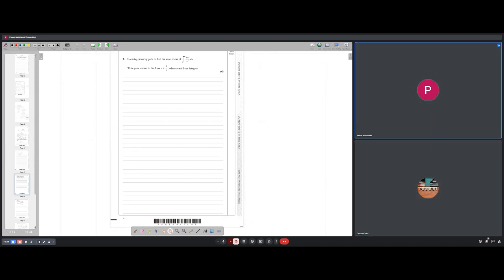Mm-hmm. 1 plus 2 over e. Not quite. It's 1 minus 2 over e. So I'll just show you the mark scheme for this so you can see where you went wrong. Probably very small.